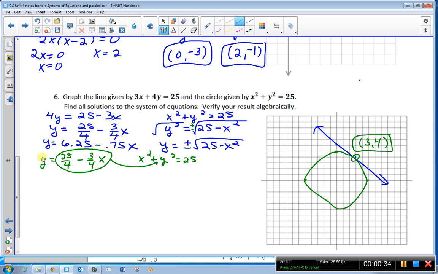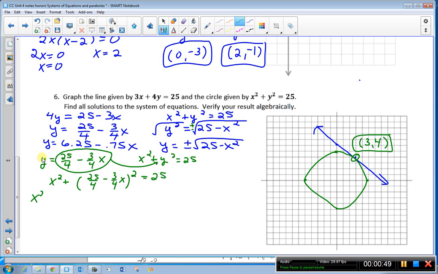So we get x squared plus (25 over 4 minus 3/4 x) quantity squared equals 25.